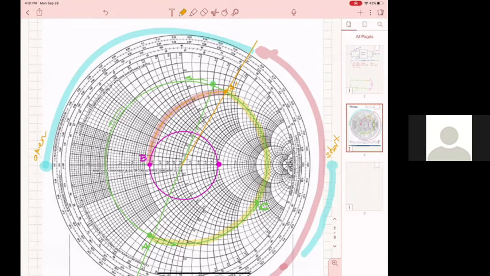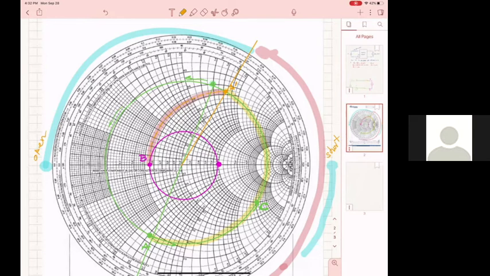Whether you are on admittance or impedance, specific things are identical. When you move along a concentric circle like here, like the red and the pink and the green, you are always moving along a transmission line. Always.